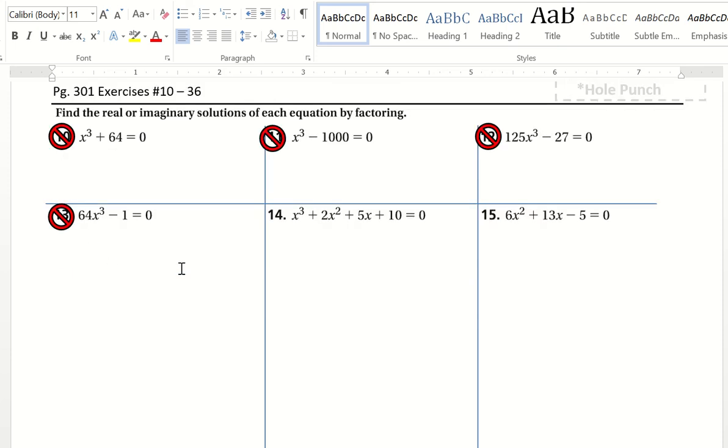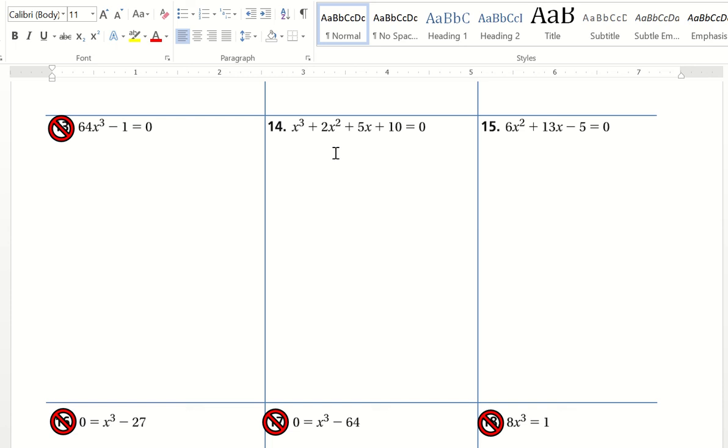So there's a bunch of these I'm excluding you from, or exempting you from. Like this would have been sum of two perfect cubes, difference of two perfect cubes, difference of two perfect cubes, difference of two perfect cubes. But number 14 and 15 you got to do. So number 14 is going to be factoring by grouping. And guess what?